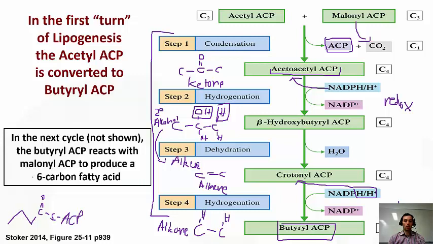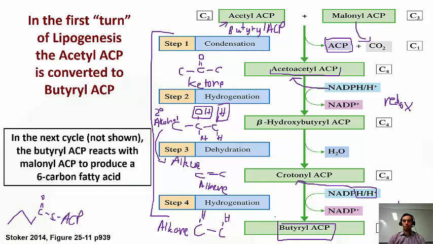If we want to make this longer, we start the next cycle of lipogenesis, but instead of starting with acetyl ACP, we instead start with the butyryl ACP. And by adding that to a malonyl ACP, we're able to build onto the butyryl ACP an additional 2 carbons, just like we did in this reaction.